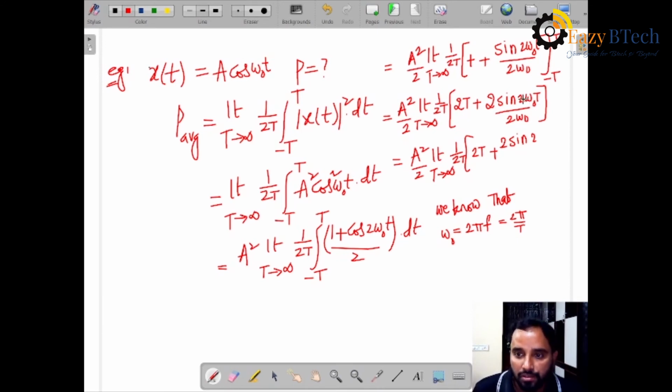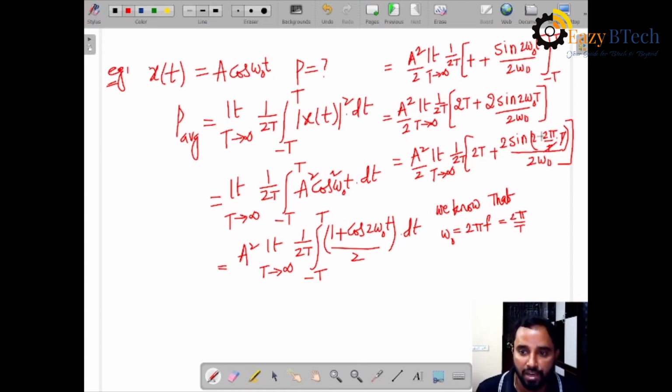Now sine 2, here again 2 pi by T into T, and this total is divided by 2 omega naught. Close the bracket. Here T gets cancelled. We have sine 4 pi.